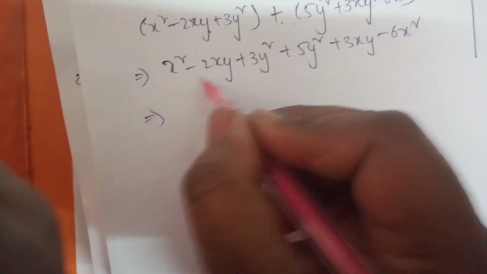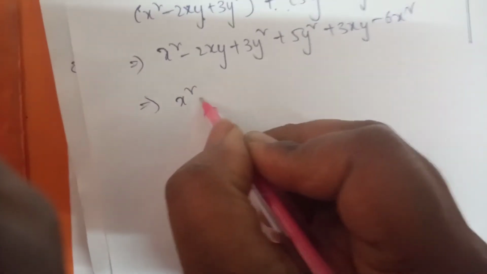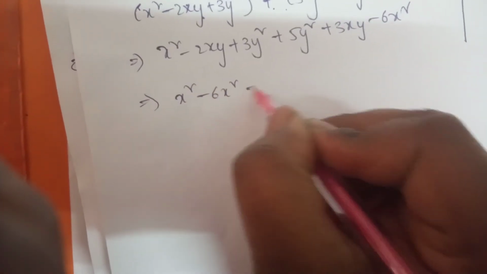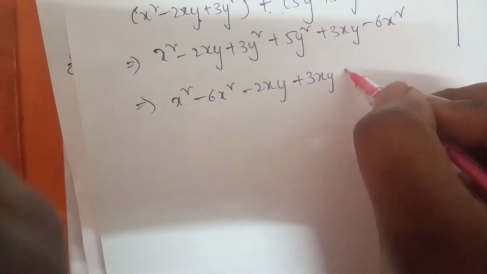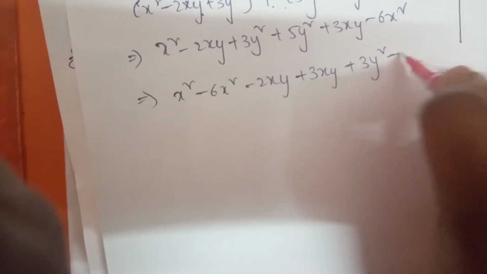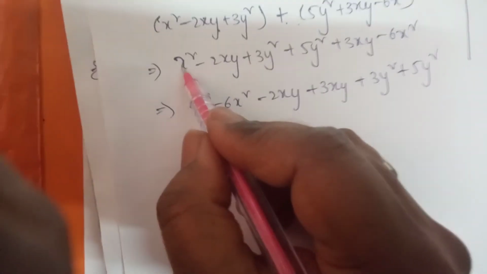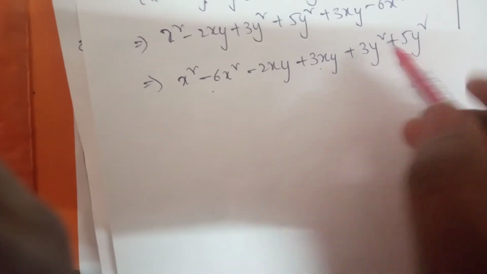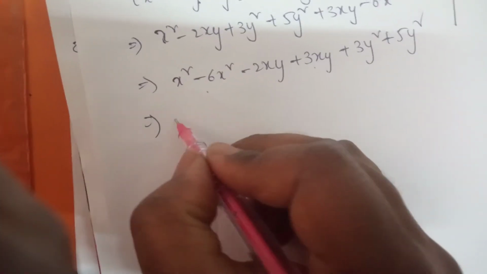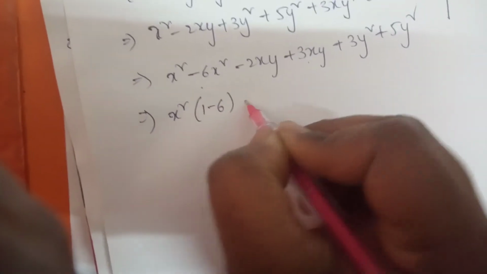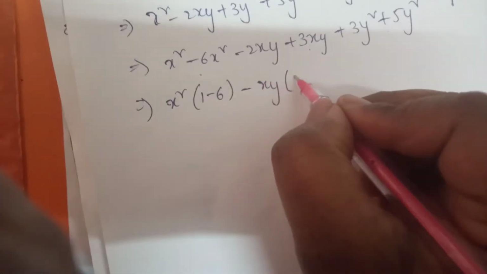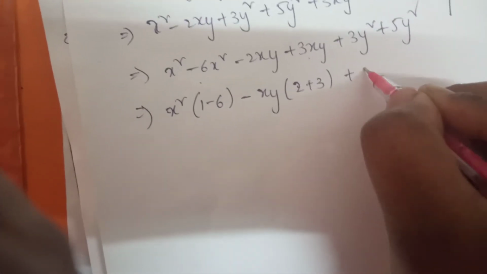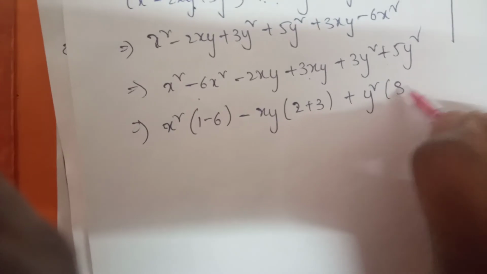Here, now take all the x square terms: x square minus 6x square, and minus 2xy plus 3xy, plus 3y square plus 5y square. I am taking all the x square terms one side, xy terms one side and y square terms one side. Now what is common here? x square is common, 1 minus 6. xy is common, so minus 2 plus 3. y square is common, 3 plus 5.